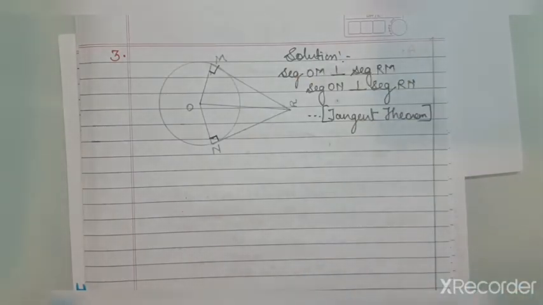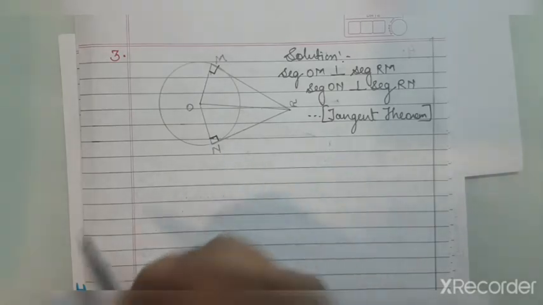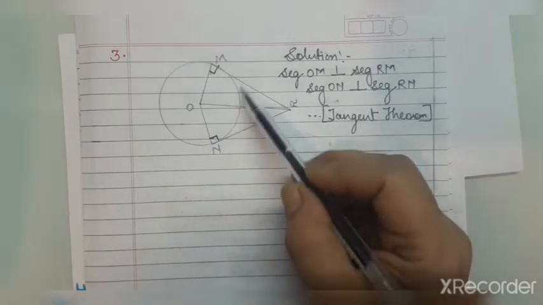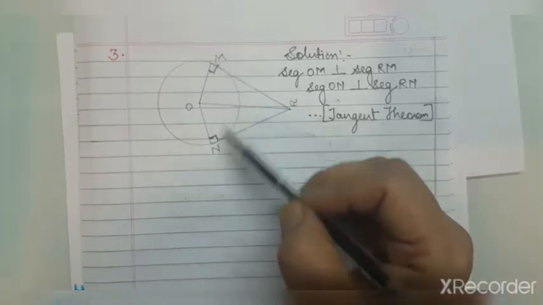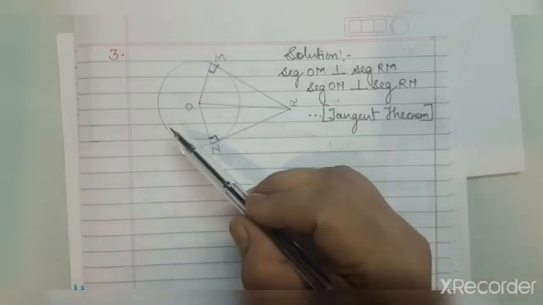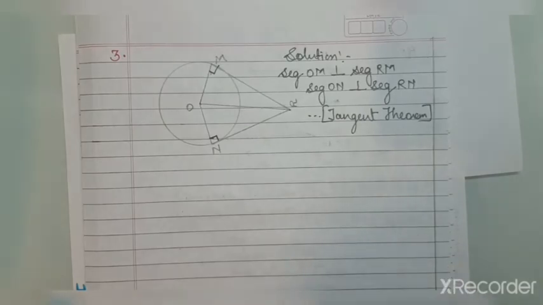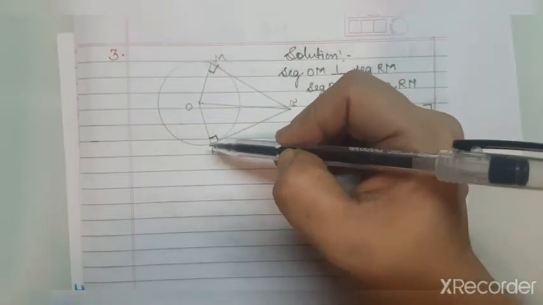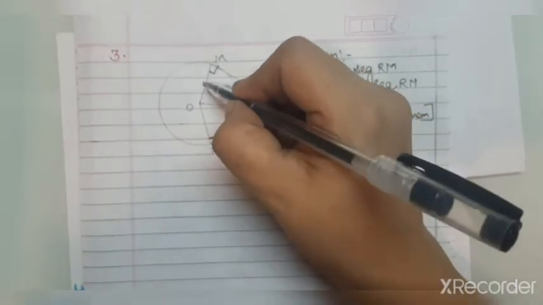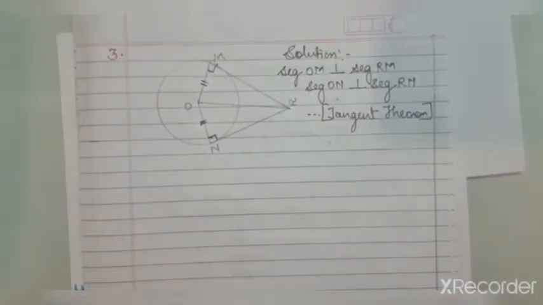Let's see whether we can prove this by the hypotenuse side test. Which will be the hypotenuse in these triangles? OR is the hypotenuse because OR is the side opposite to 90 degrees. So hypotenuse is congruent to hypotenuse because it is a common side, and we need one more side. OM is congruent to ON because they are the radii of the same circle. So yes, we can begin.